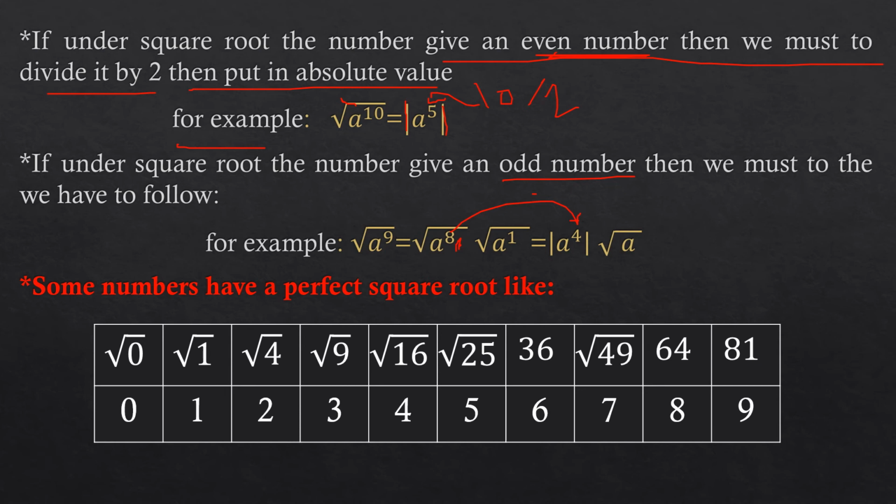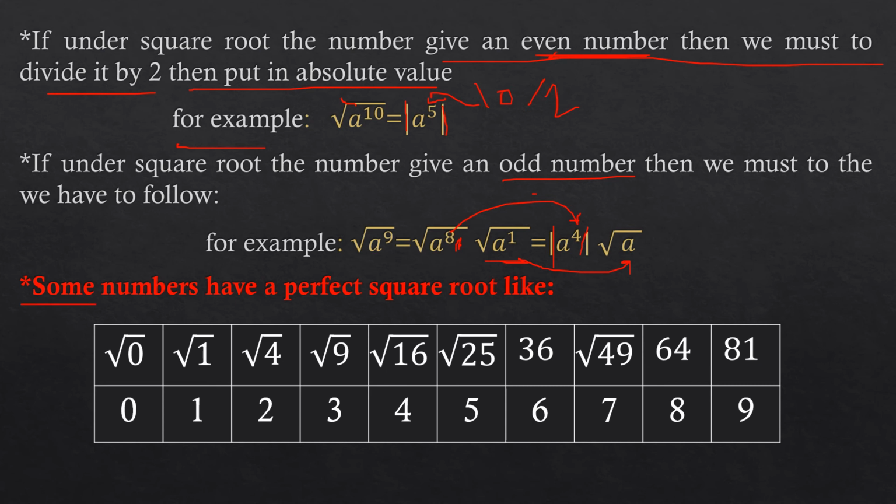And a, which is a to the power 1, an odd power, will stay as it is, okay? It's not going to change. Just for even powers, we have to divide the power of a by 2. 8 divided by 2 will be 4, and then we will put it in absolute value.